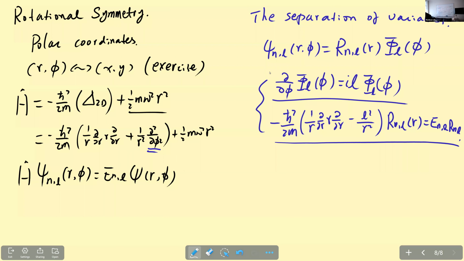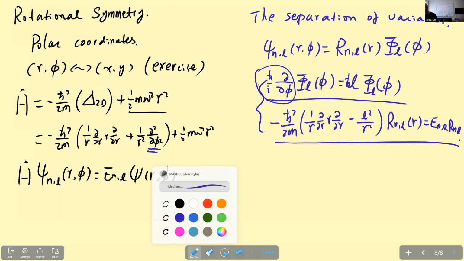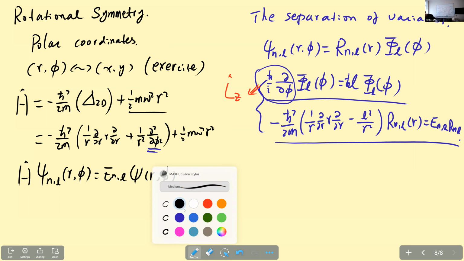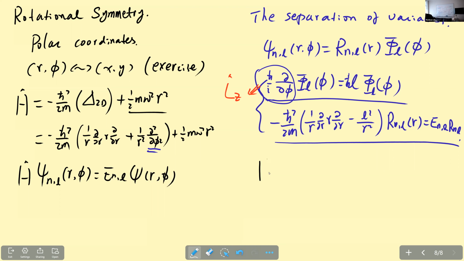But this one, if you want, you can change slightly and make it h bar L, right? So then you can say this is nothing but just the z component of the angular momentum, right? So basically, you can write down the Hamiltonian into this radial part.